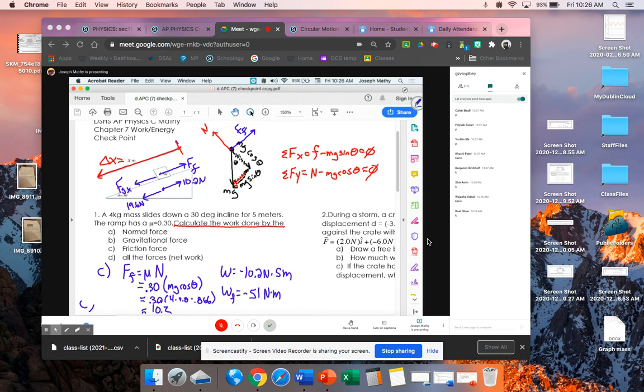It says calculate the work done by all the forces in the X dimension. Okay. We're going to calculate all the work done in the X dimension now. This is all we need.